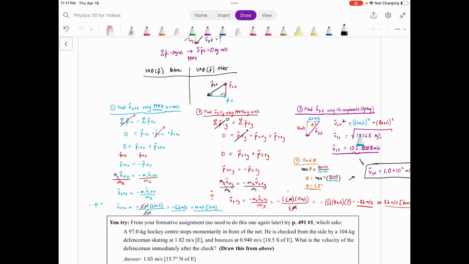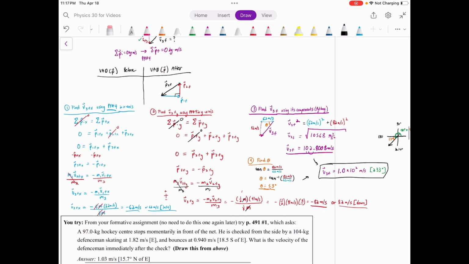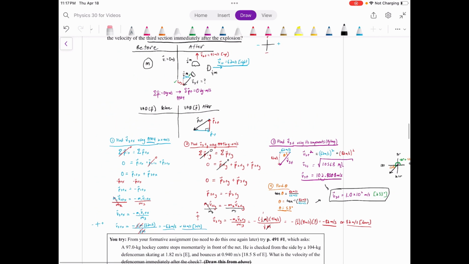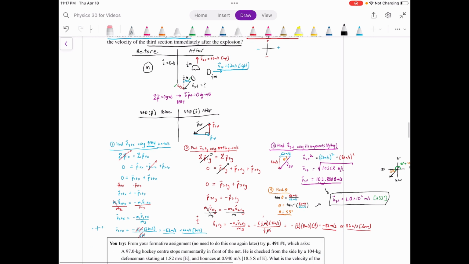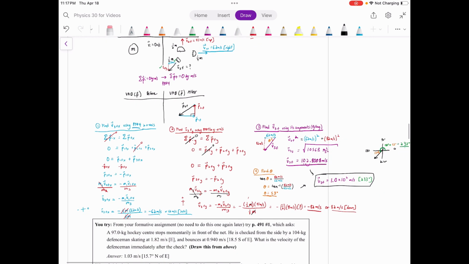Put them together with the Pythagorean theorem, and then use SOHCAHTOA to find the angle for direction, okay? And again, I know that actual overall solution might look a bit intimidating, but the ideas we're applying here are simple, right? It's just total initial momentum equals total final momentum. Add up all the momentum before in the x-axis, add up all the momentum after in the x-axis, those have to be equal.